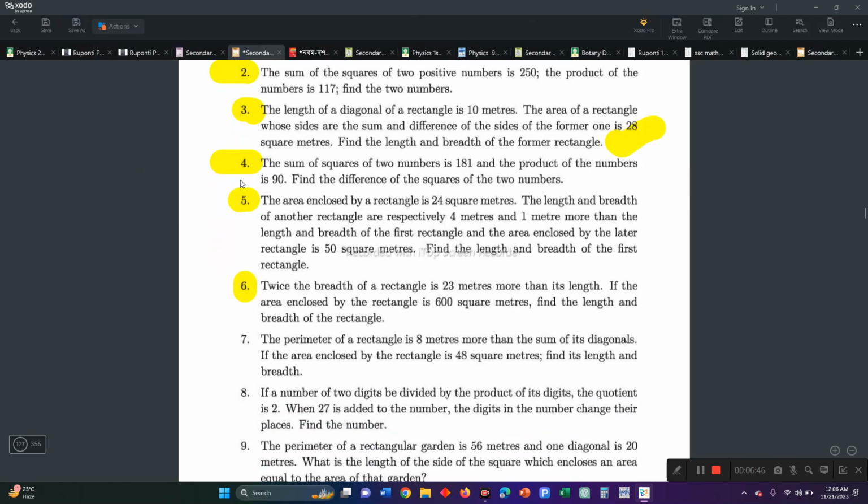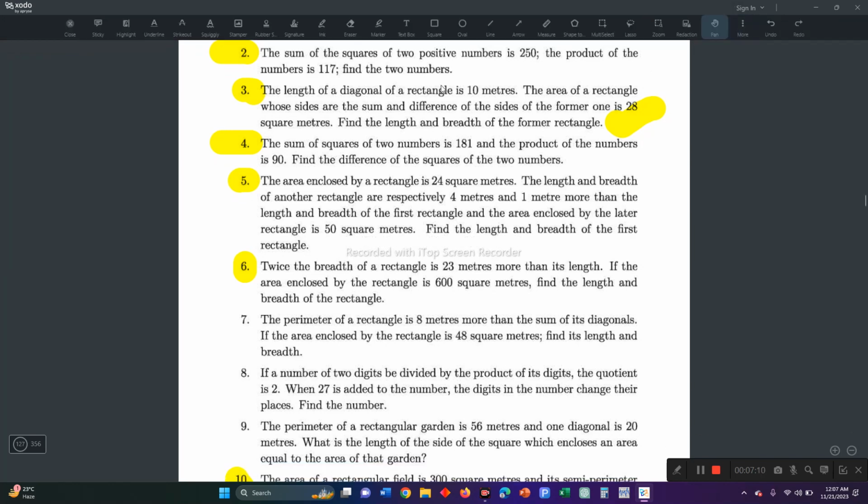What they have said: the length of a diagonal of a rectangle is 10 meter. We know the formula for diagonal is root over x square plus y square. So according to this condition, root over x square plus y square is equal to 10. And the area of a rectangle whose sides are the sum and difference of the sides of the former one is 28 square meter. That means they have talked about two rectangles.